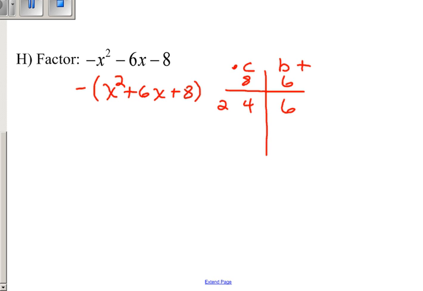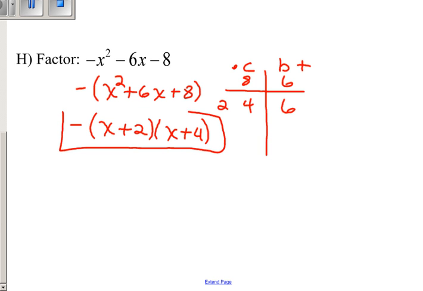So my two factors are 2 and 4. Keep my negative in front. So this is x plus 2, x plus 4. Those are my factors. Nothing else is factorable. I do have the negative in front. There's my answer. And with that, we're done.